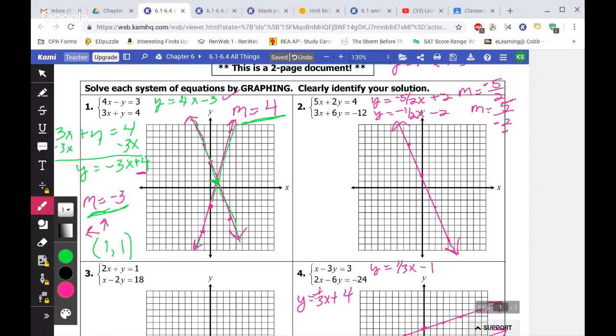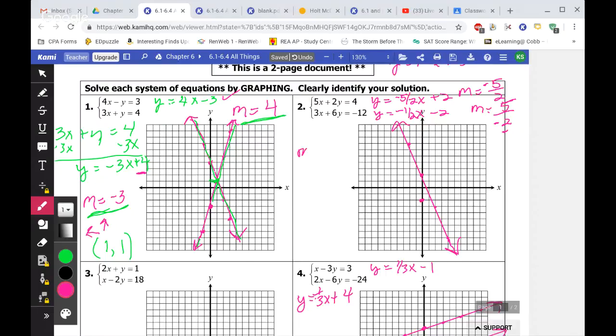All right, so line number 2, what is the y-intercept? -2. Good job. What is the slope? -1/2.